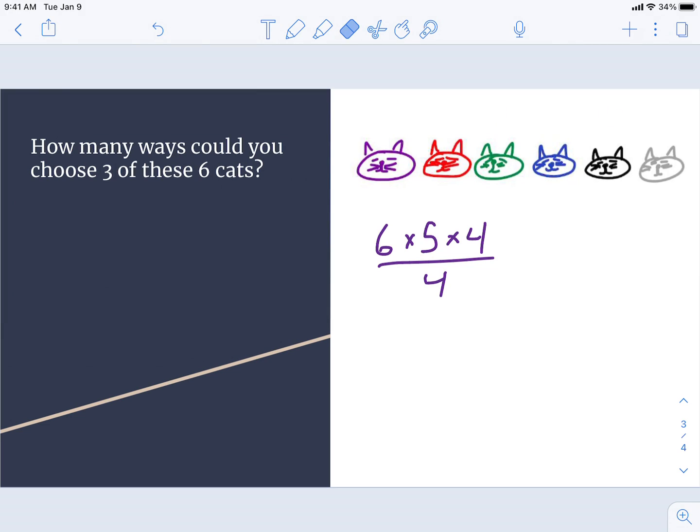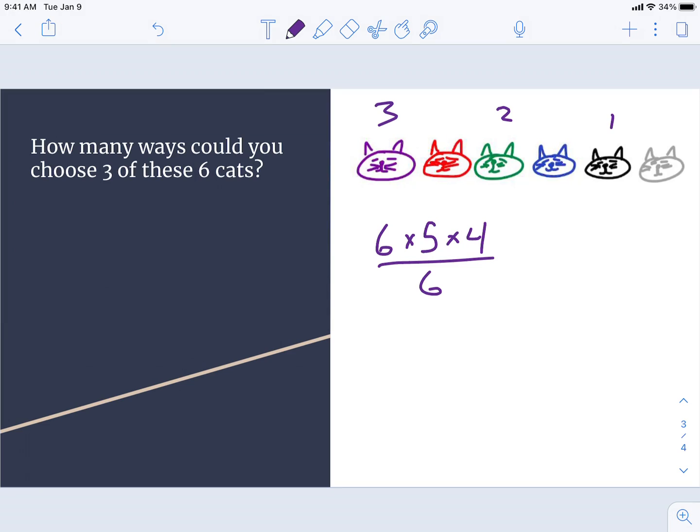And maybe instead of doing that, I chose the black cat first, and then the purple, and then the green. So now we're up to 5 different ways we could have chose. And I think the last way I could do this is choosing the black cat first, the green, and then the purple. And that will give me a total of 6 ways that I could have done this.